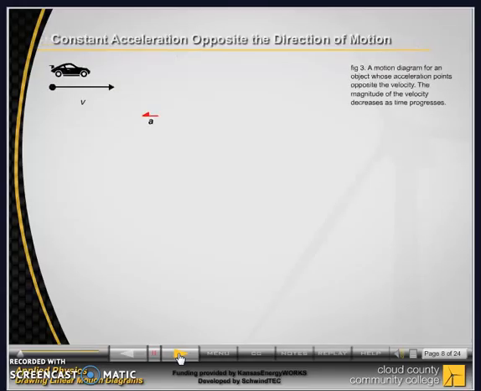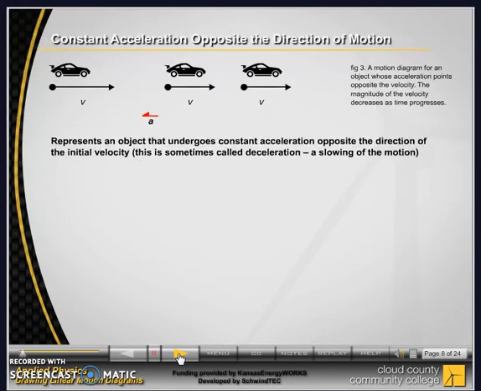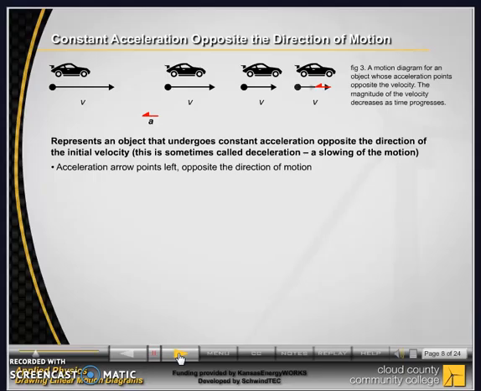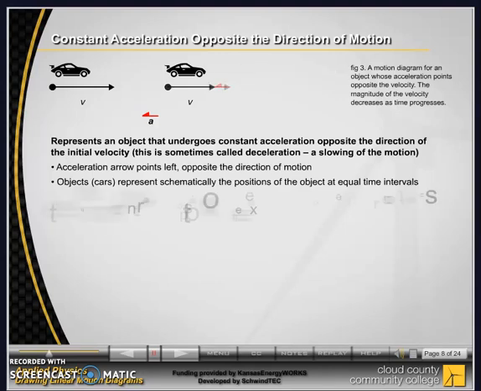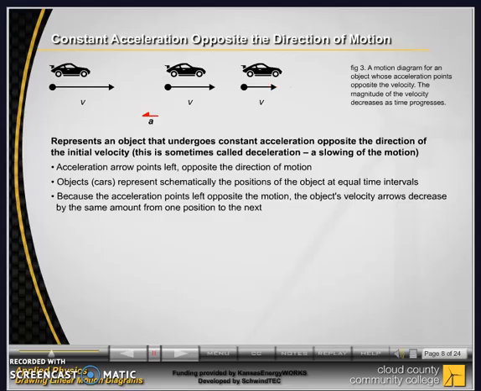The motion diagram in Figure 3 represents an object that undergoes constant acceleration opposite the direction of the initial velocity. This is sometimes called deceleration, a slowing of the motion. For this case, the acceleration arrow points left, opposite the direction of motion. This type of motion occurs when a car skids to a stop. The objects or cars represent schematically the positions of the object at equal time intervals. Because the acceleration points left, opposite the motion, the object's velocity arrows decrease by the same amount from one position to the next.